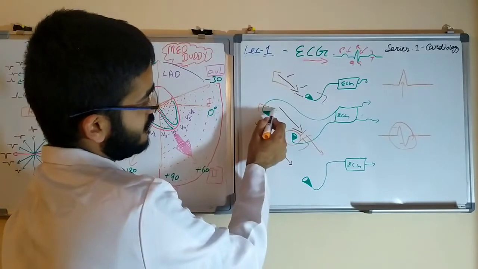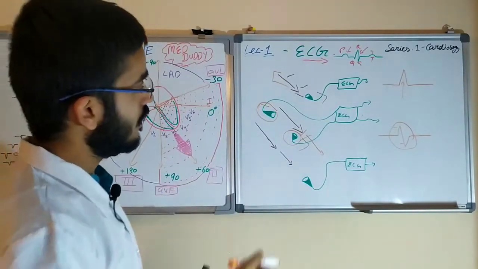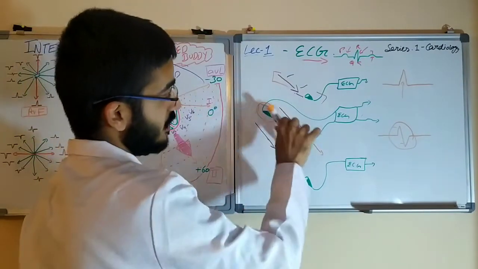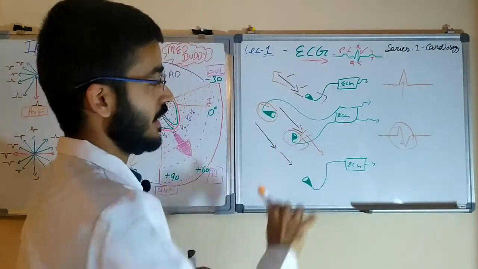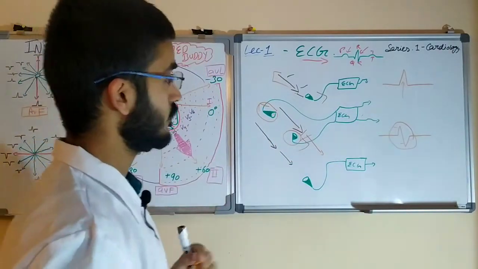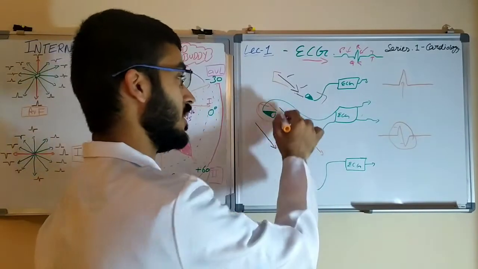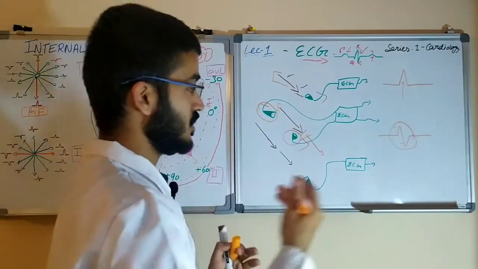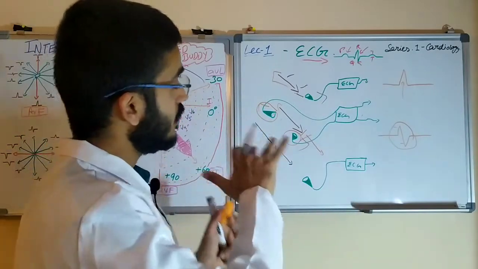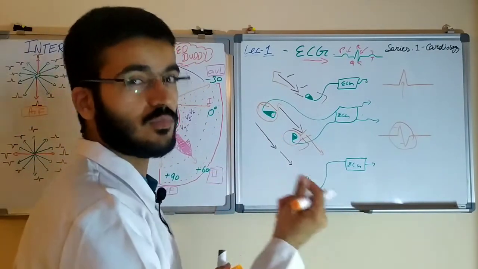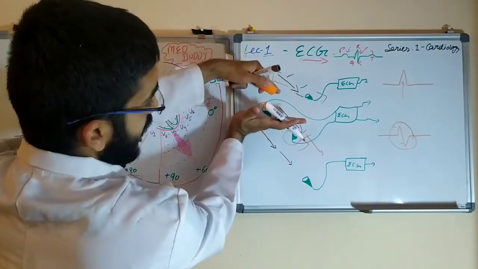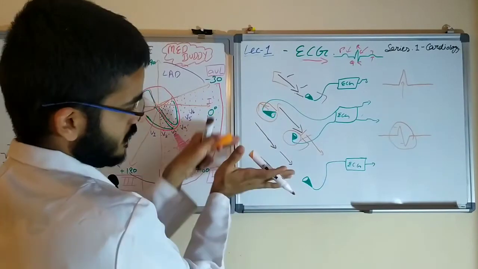Now let's discuss this lead. From the point of view of this lead, the vector is going away, but with the same magnitude. So the largest component of this vector's direction is mostly away from the lead. A very small component is towards the lead, because the lead is at a very small angle to the vector.